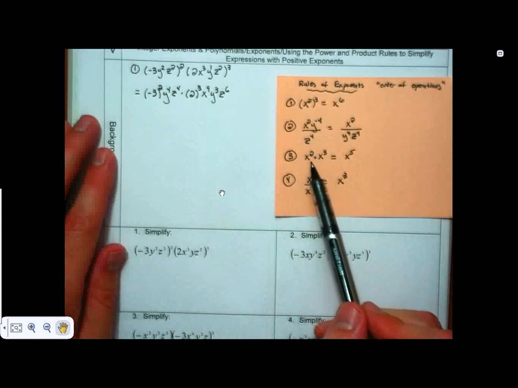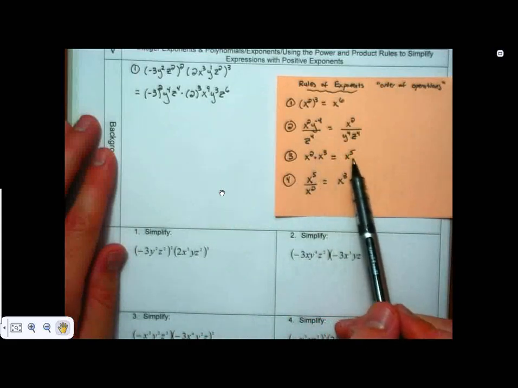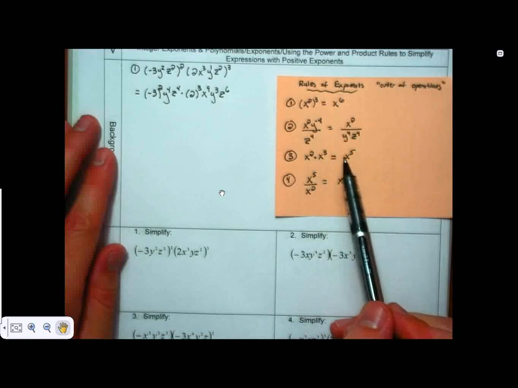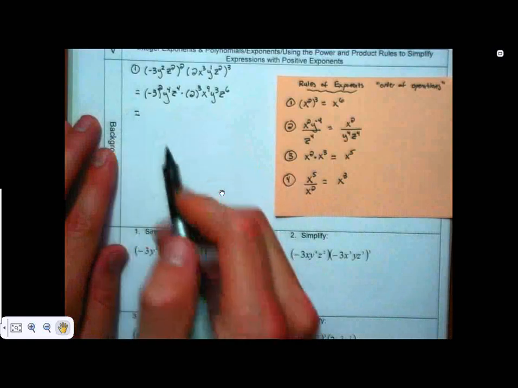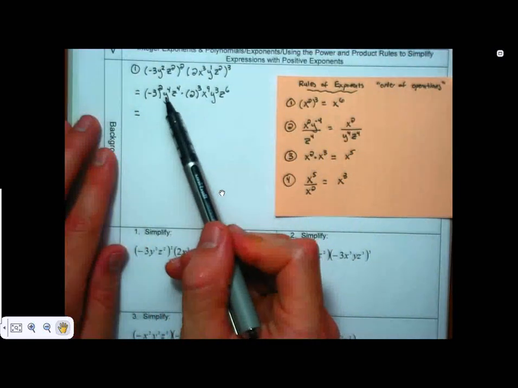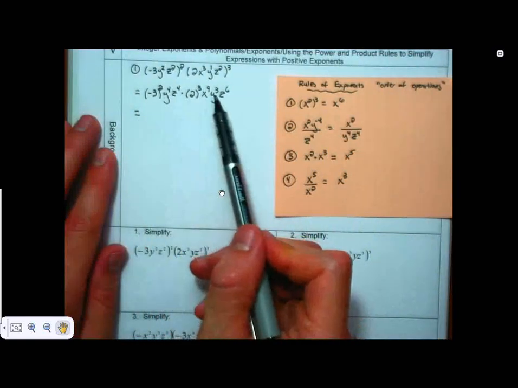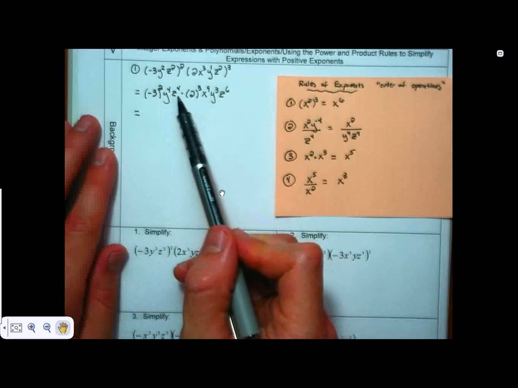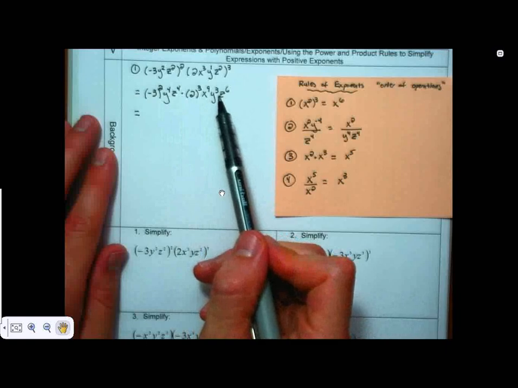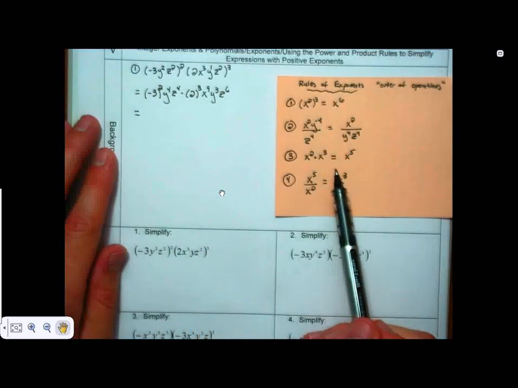So when I multiply like bases, I'm adding the exponents together. So in this step, I definitely see I've got y to the 4th times y to the 3rd, and I've got z to the 4th times z to the 6th, so I can definitely apply rule number 3.